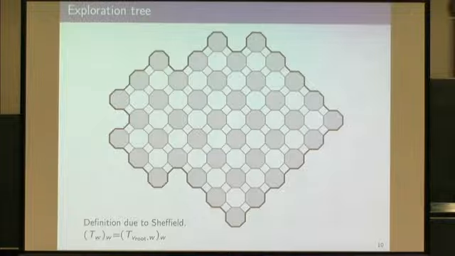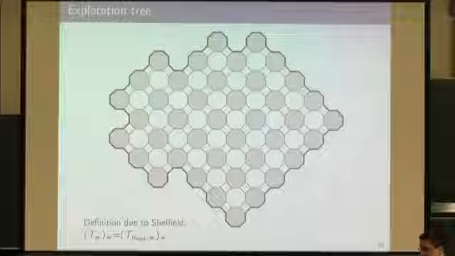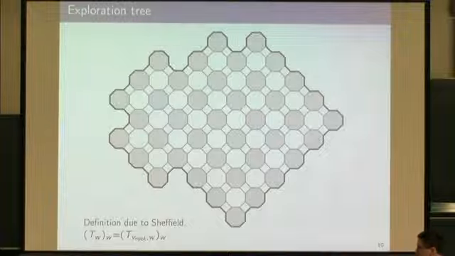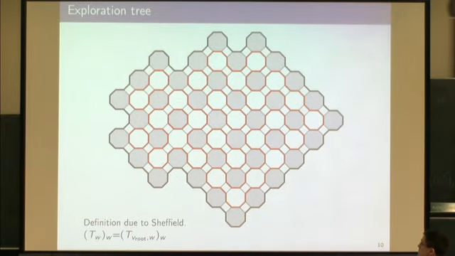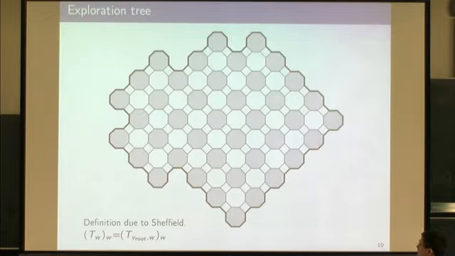So the definition is due to Sheffield, and so basically we have a collection of curves, and we have some root point. So we want to describe these loops. So we have some root point, fixed here. So I make a small cut and open my domain near the root point.